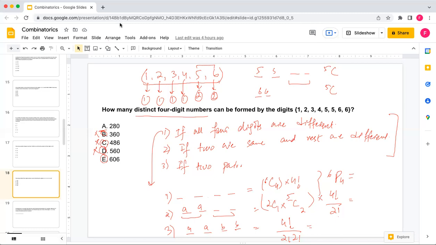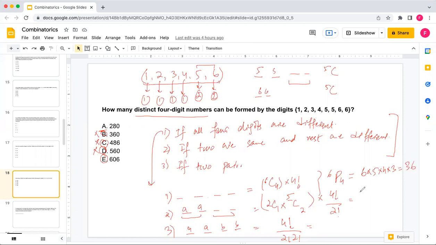Not 360. Okay, you want me to solve? If you see the first one, this will be just 6 into 5 into 4 into 3. What is the answer to this? 360.